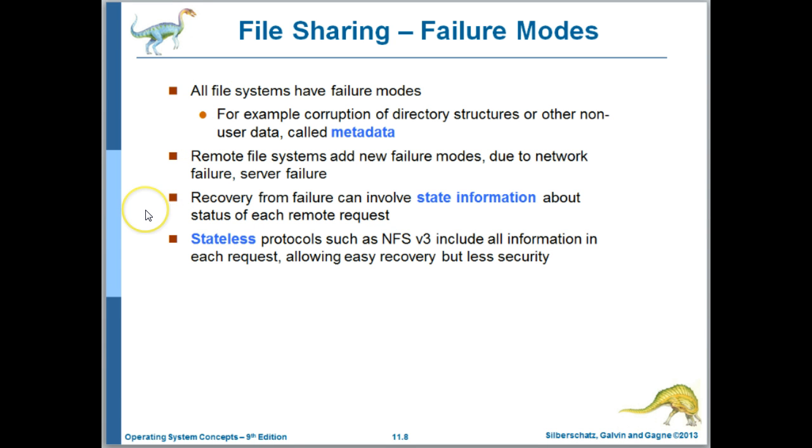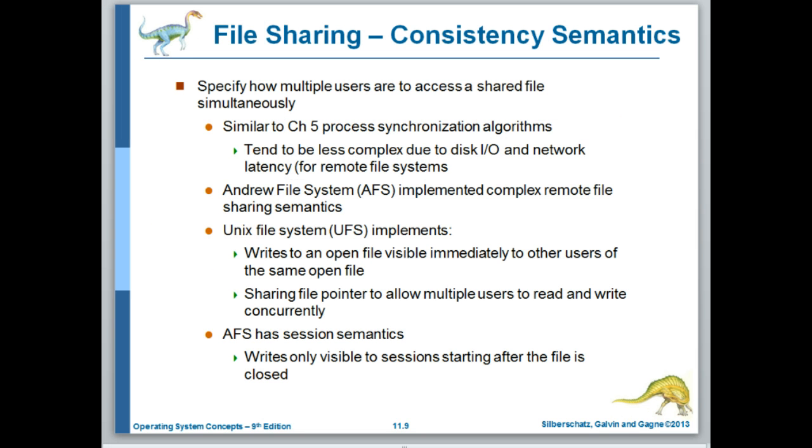as mentioned here, with respect to remote file access. The network adds its own set of problems, including routers going down and that sort of thing. So I'd say the main thing here is with remote file systems, we now have to think about if multiple clients have a file open and a write occurs, when does that write become visible?